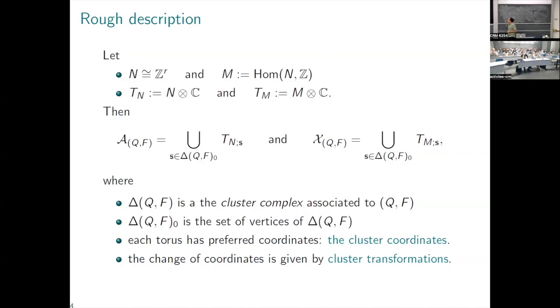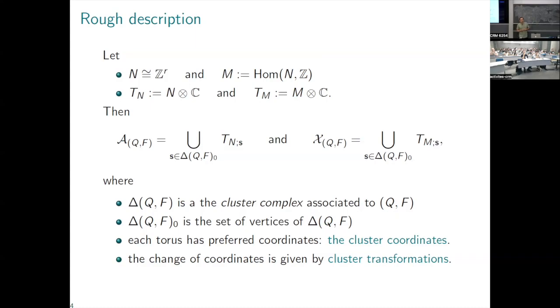In which sense are we generalizing toric geometry? These cluster varieties are a union of such tori, of these dual tori. I'm not going to give the whole description, but they are endowed by construction with a very nice atlas of algebraic tori, where the tori I'm gluing together are parameterized by the vertices of a very specific simplicial complex associated to my initial input QF, which is called the cluster complex.